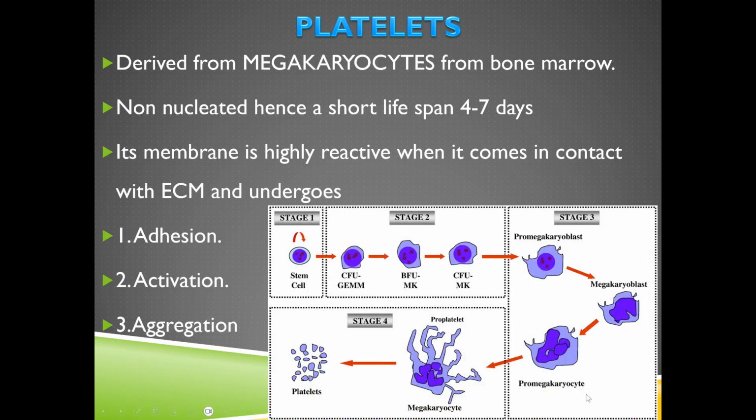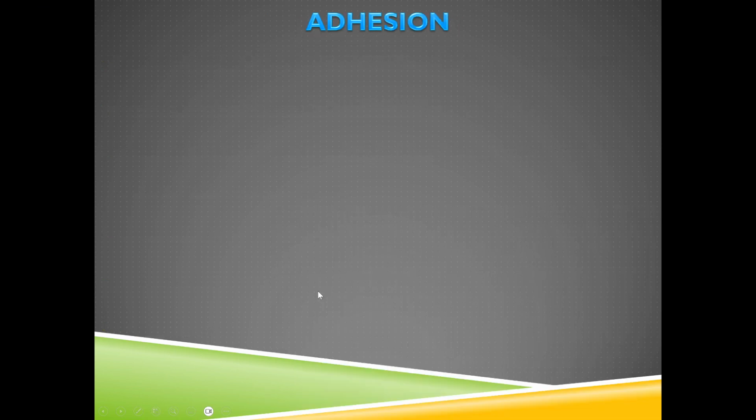This is the formation of platelet. From the stem cell, you get the colonies. Then it comes to stage 3, where it forms pro-megakaryocyte, megakaryoblast, then megakaryocyte, and from megakaryocyte you get the platelet. So this is the whole formation of platelet from the stem cell.